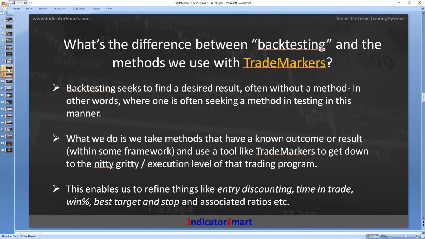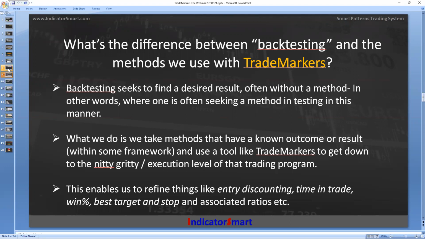And like I said, I'm hoping that while we're marking out some of these trades that we're going to do in a few minutes, you can begin to imagine that there's a probability field that surrounds these trade points. And so you can start seeing the chart in a little bit different way. This enables us to refine things like entry discounting.